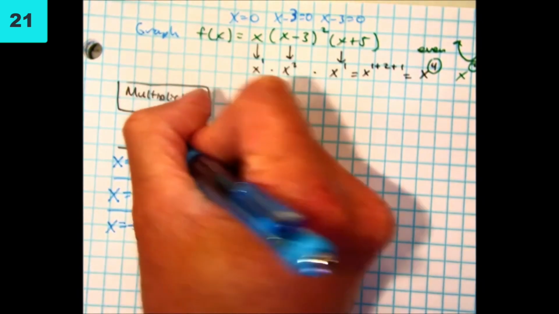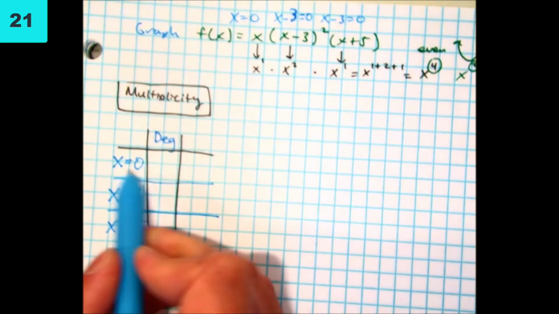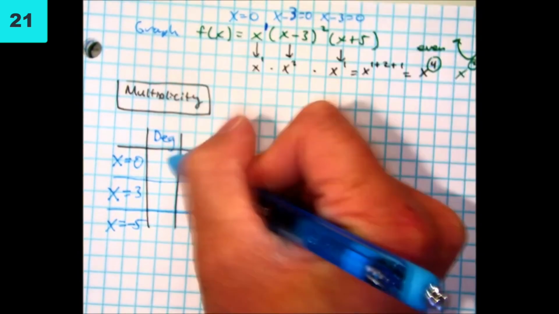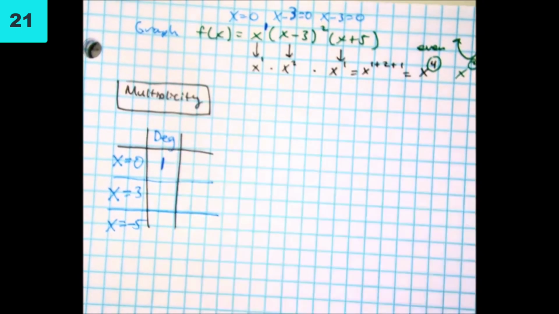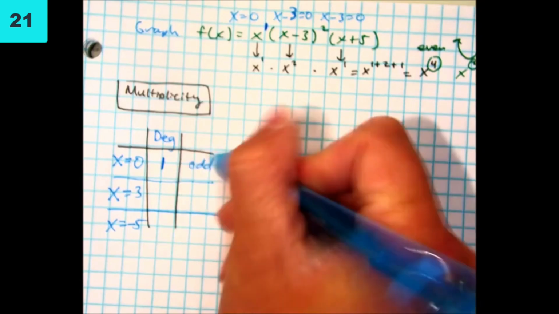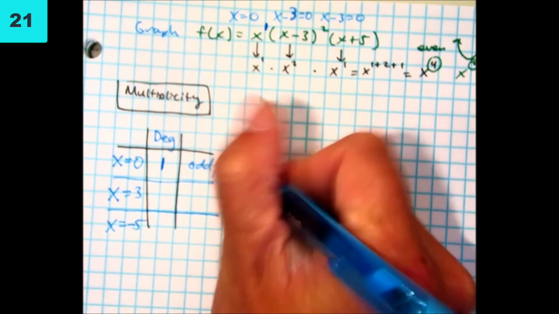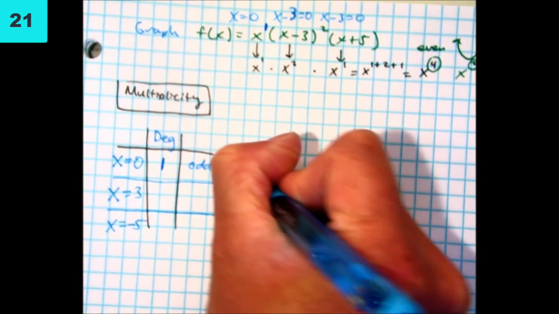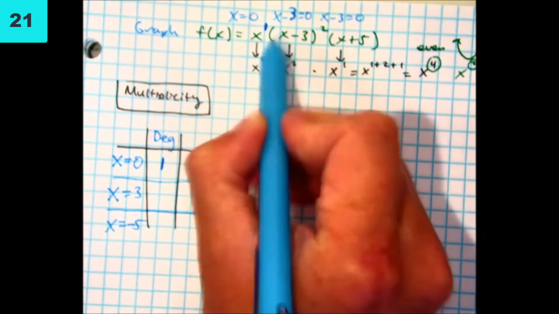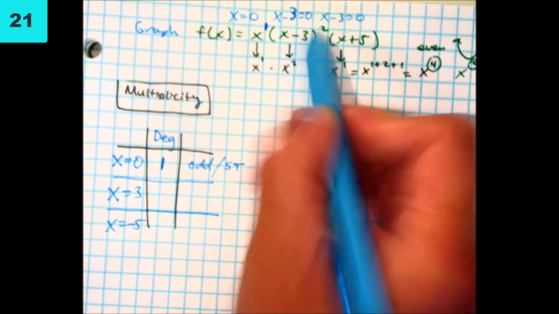The next thing I'm going to do is look at the degree that it has. So this one right here has a degree of 1. The degree of 1, is this odd or even? Odd. And odds, do we do kiss or shoot through? Shoot through. X equals 3, its degree is 2.